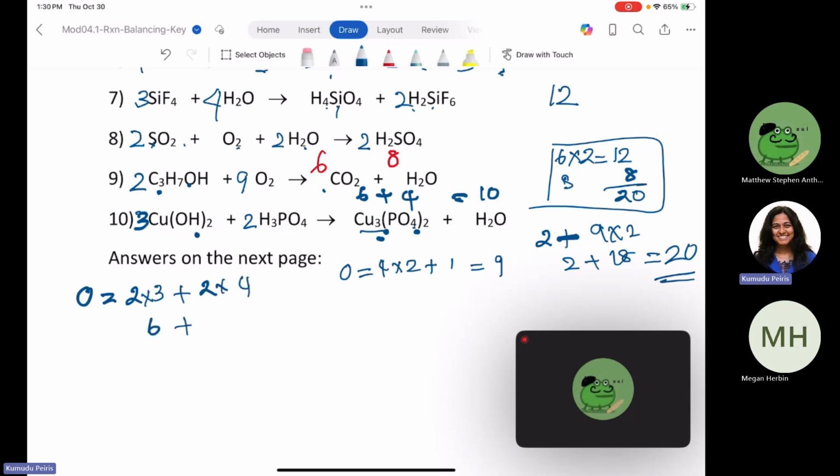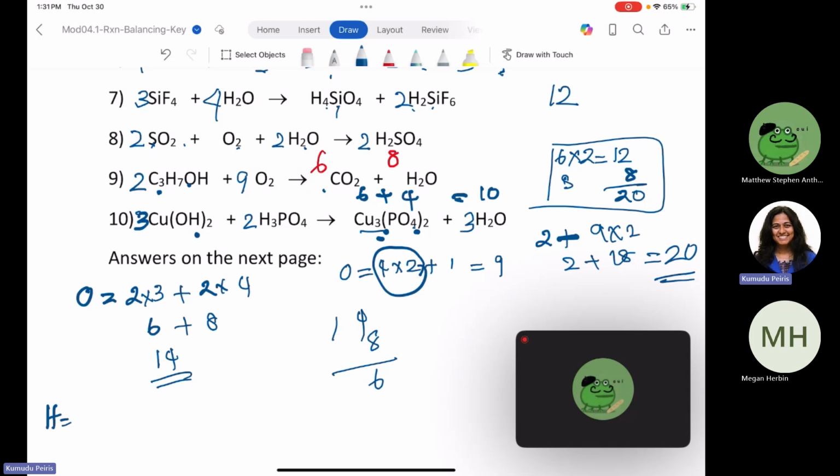So 6 plus 8 would be equal to 14. But now in this side I have only 8, right? 14 minus 8 will be 6. So I'll add the 3 over here.